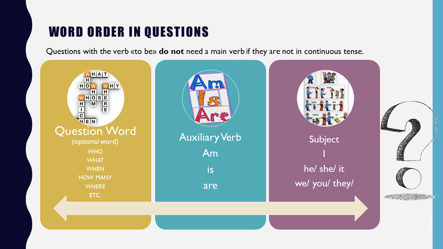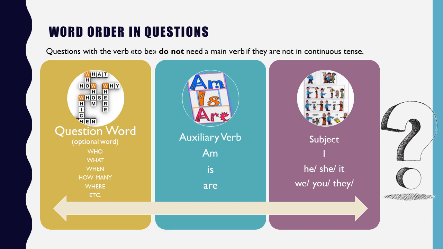So if we have a look at the first column, we may have in a question, not always, a question word. These words are usually called WH words because most of these words start with WH. They are spelled like that. For example, we may have who, what, when, how many, where, and many others.